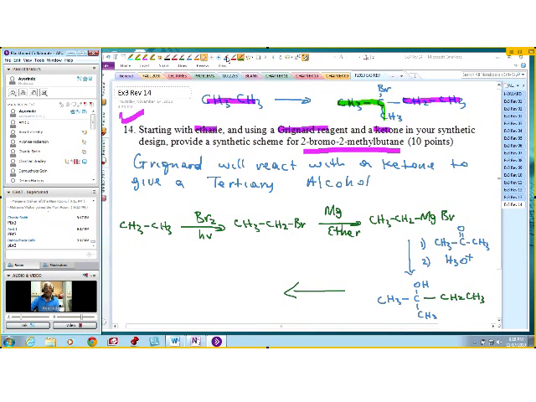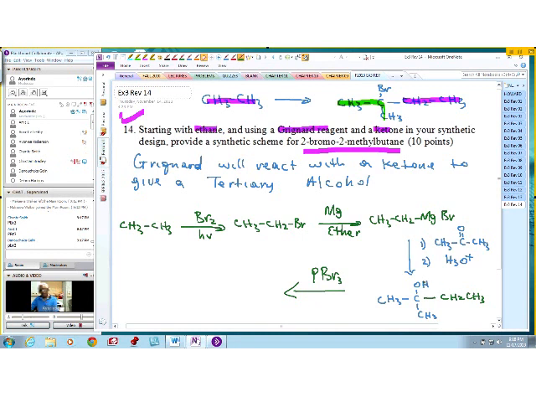Now use of PBr3, that would, no, not PBr3, I'm sorry. PBr3 is good with primary or secondary alcohol. At this point, you need HBr gas.